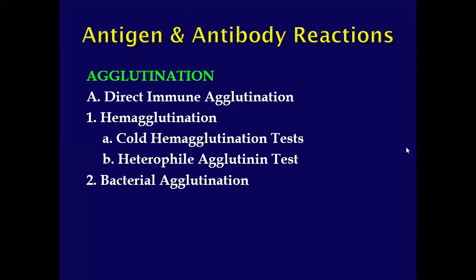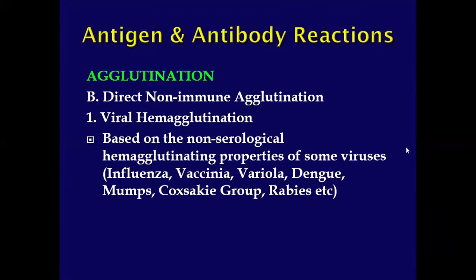Then we can also have bacterial agglutination, so it's the cells, microbial cells. So we have also the direct non-immune agglutination, like the viral hemagglutination.